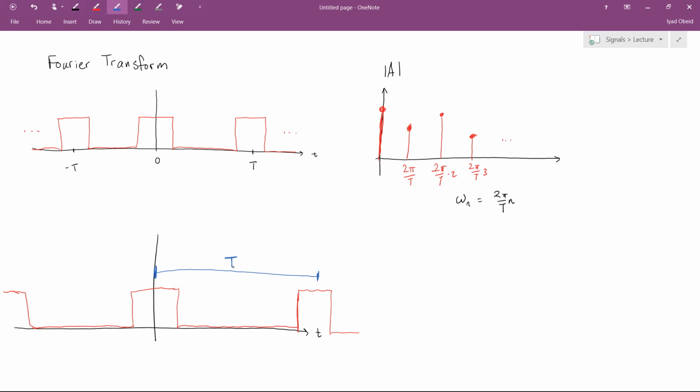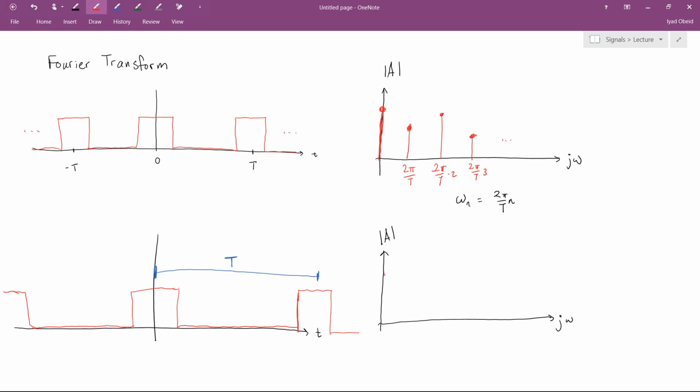So what happens in the frequency domain when T gets bigger? Well, it should seem reasonable enough to expect that as T gets bigger, the harmonic frequencies, which are integer multiples of 2 pi over T, get smaller.